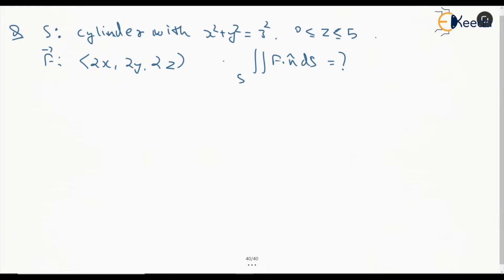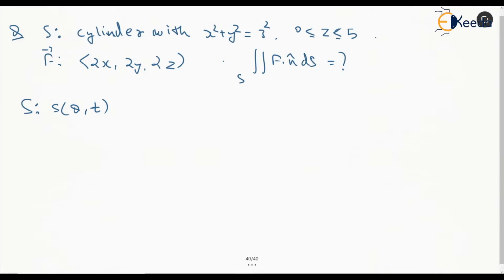So first of all, for this surface we can put it in parameters of, let's say, theta and t. We can put it in terms of z also, but let's put it in terms of t.